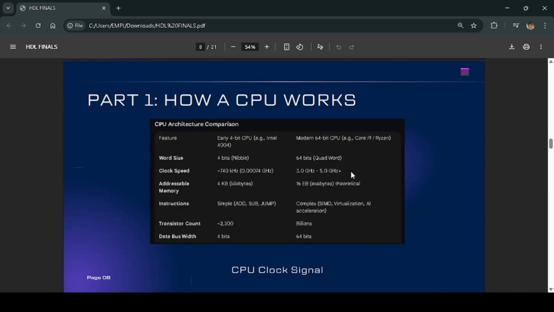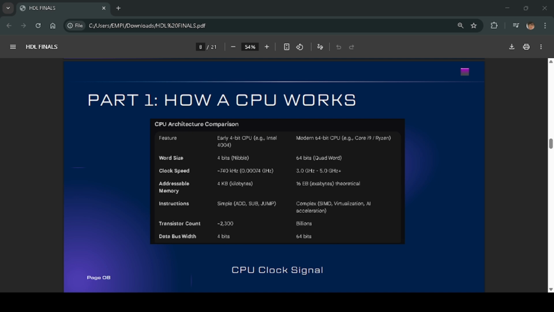Next is the CPU clock signal. Gluing the fetch, decode, execute cycle together is the CPU clock, which is a steady, repeating pulse that synchronizes every internal operation and communication with external components like RAM.